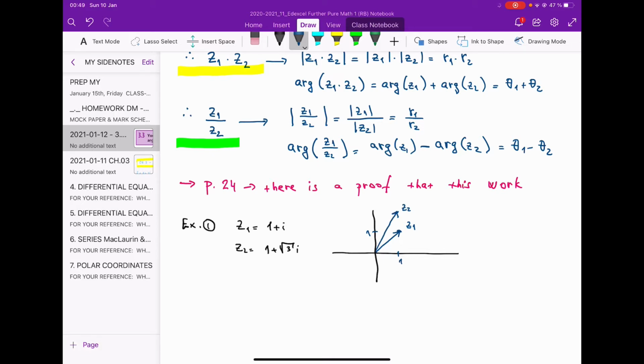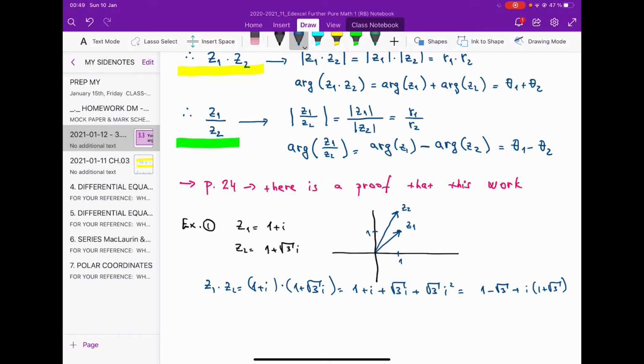If I multiply these, we can try z1 times z2 equals 1 plus i times 1 plus root of 3 i. If I multiply, I get 1 plus root of 3 i plus i plus root of 3 i squared, which is 1 minus root of 3 plus i times 1 plus root of 3.